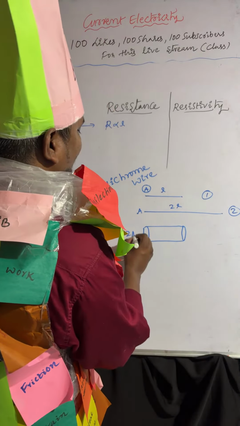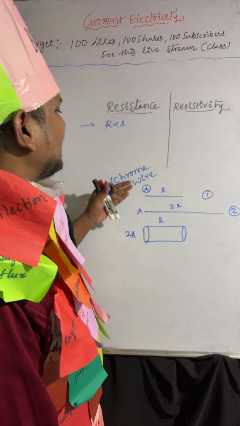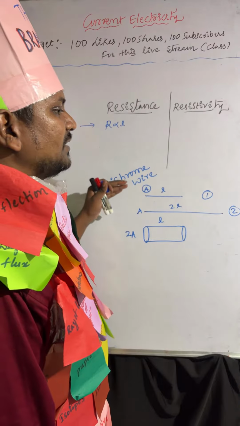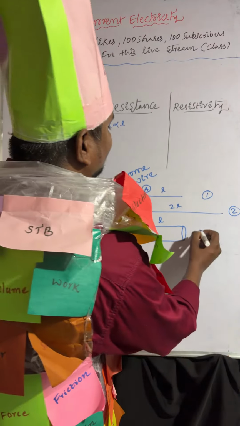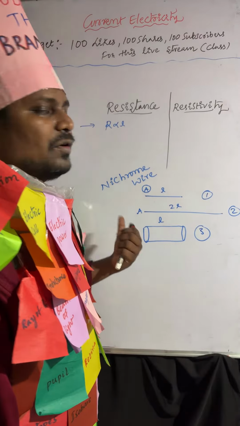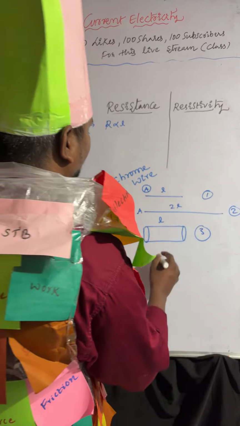Here, the area of the cross section is twice and the length is same as the first case. So what length we took, the same length will be considered in the third case also. Same length, but the area of the cross section is doubled compared to the first one.